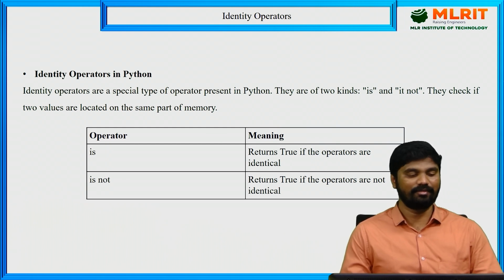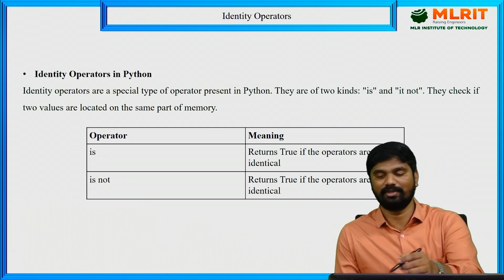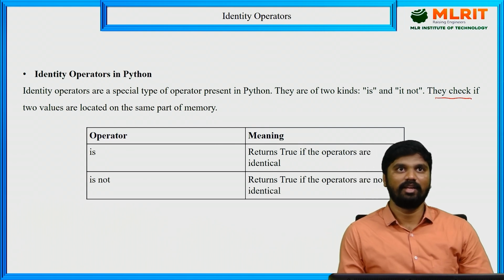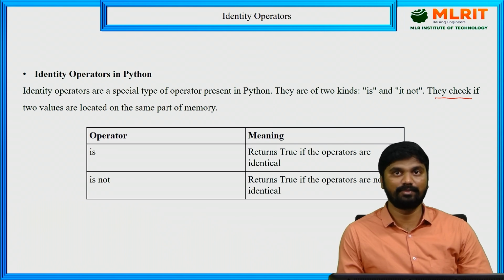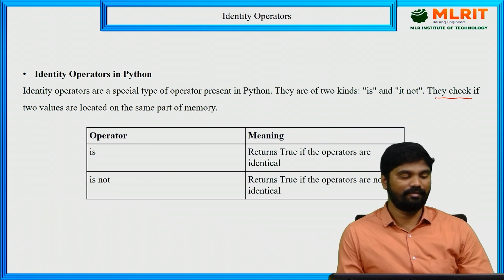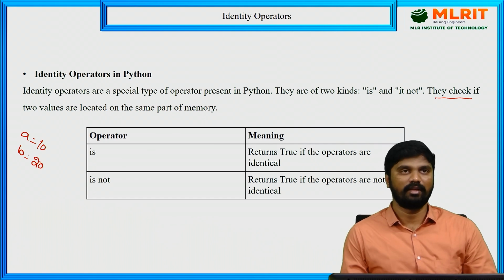Identity operators check if the values are located in the same object or memory. For example, A equals 10 and B equals 20.